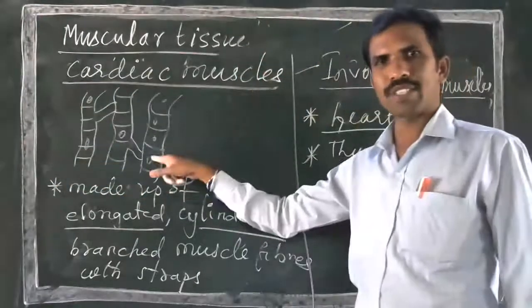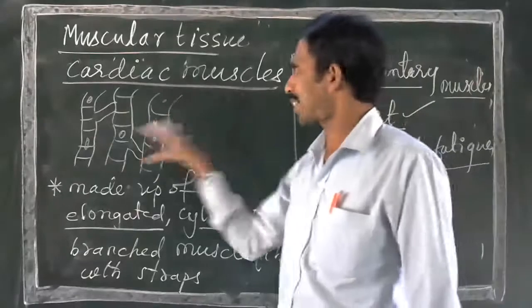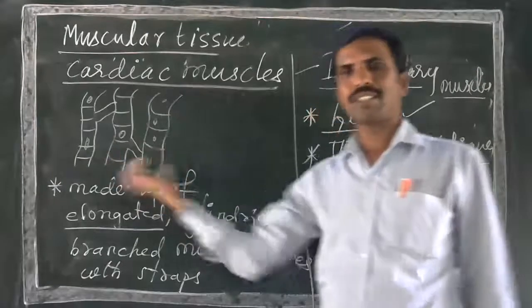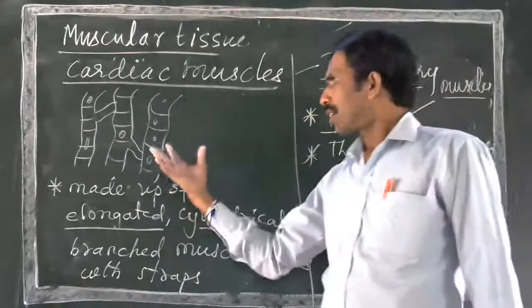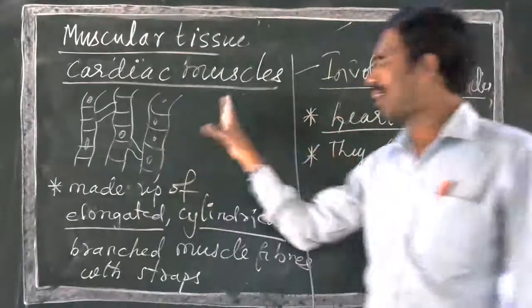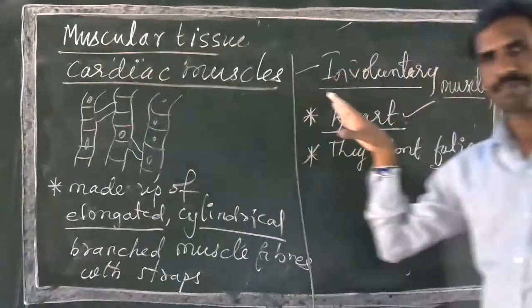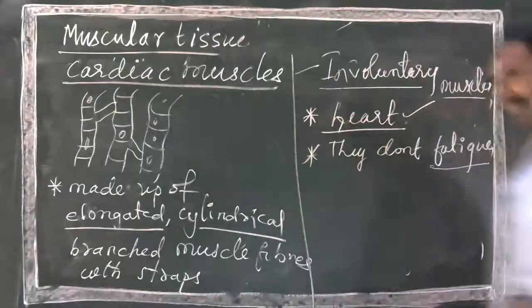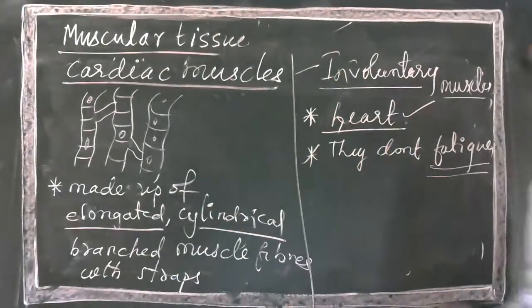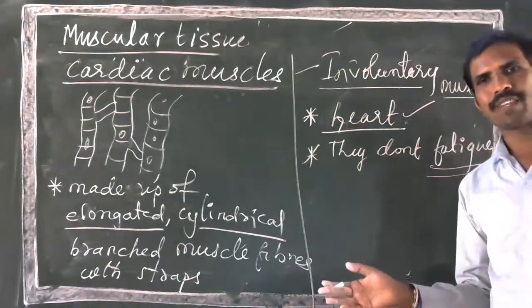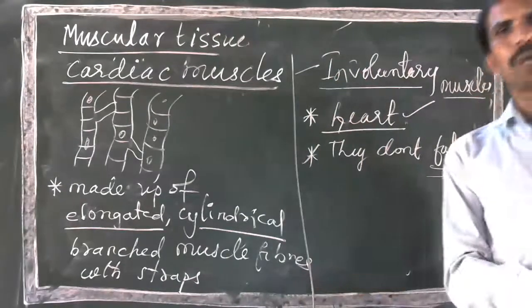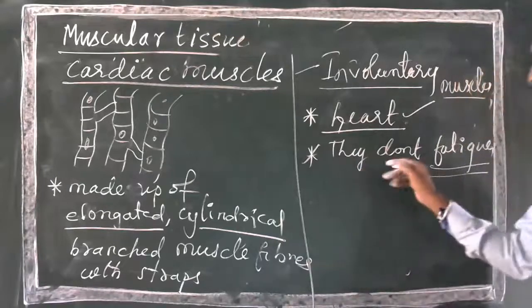It is branched and does not fatigue, because it produces extra energy. That's the beauty of this heart muscle. It never retires or takes a rest. If it takes a rest, you are going to a permanent rest. Like that, the muscle is.